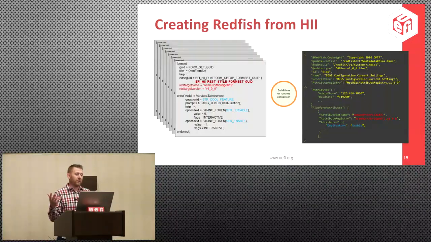What you would see is during either build time or boot time, all the different form sets that follow these rules would get sucked in and converted into BIOS attributes and into the BIOS attribute registry. And then that would be published and registered through the Redfish registration during boot time. So that's the vision, that's the goal.